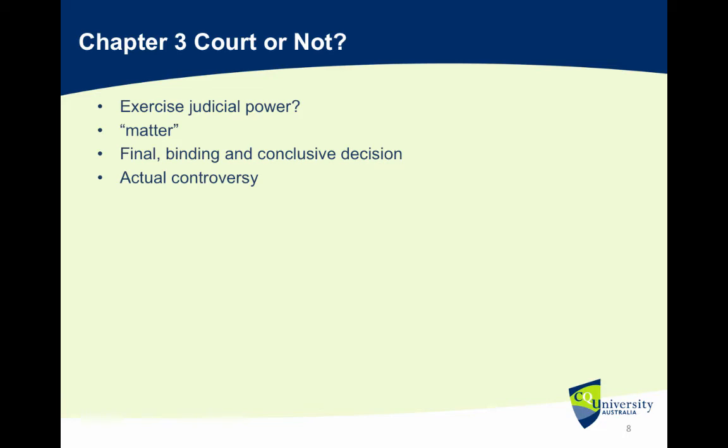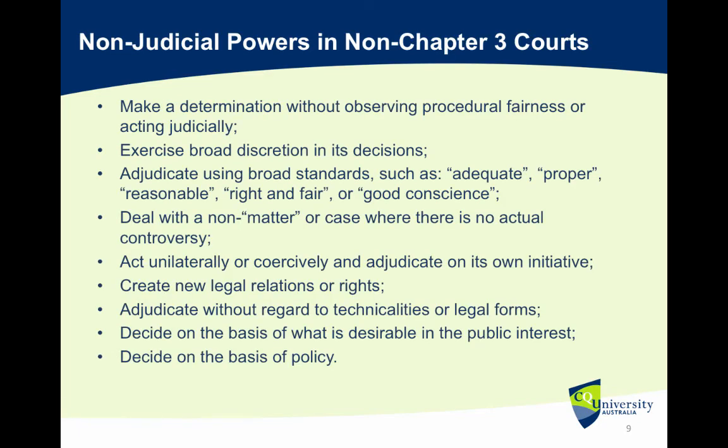And as we said, there is a requirement that there must be an actual controversy between persons, and that controversy must involve pre-existing rights relating to life, liberty, or property, and that court must be in a position to make a final, binding, and conclusive decision.